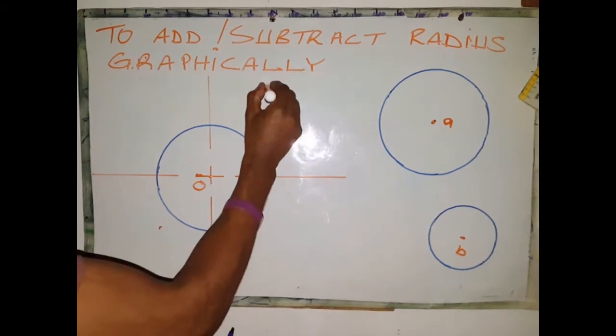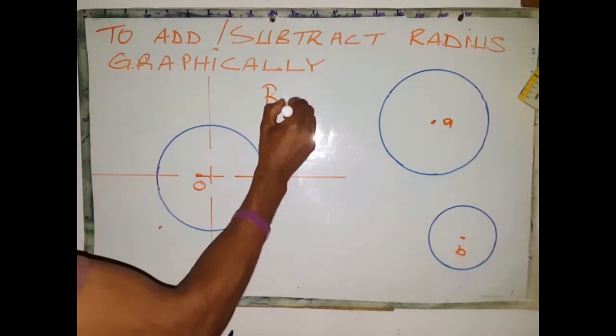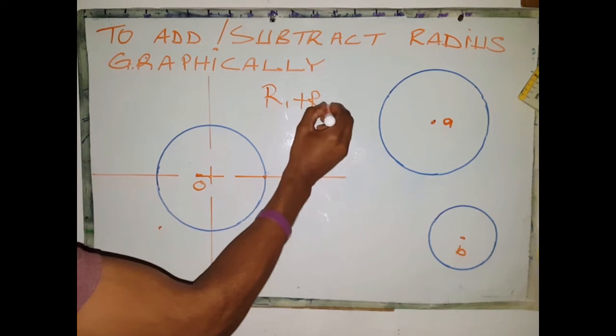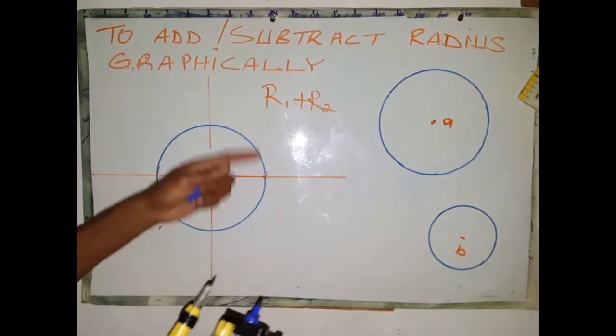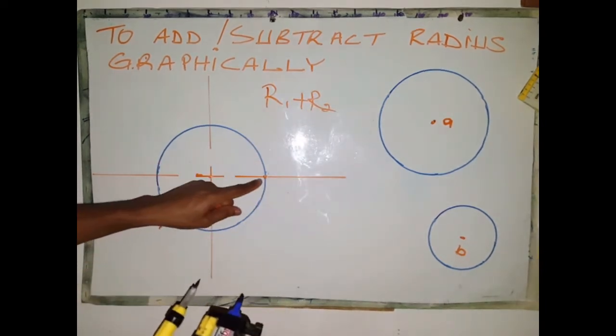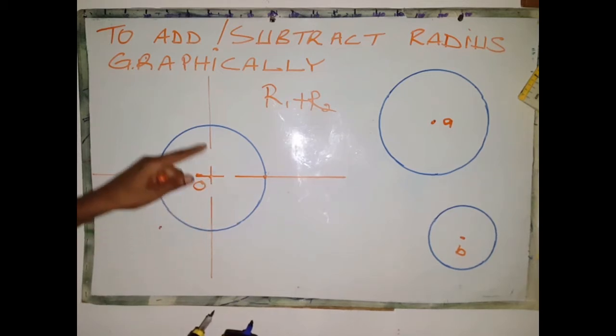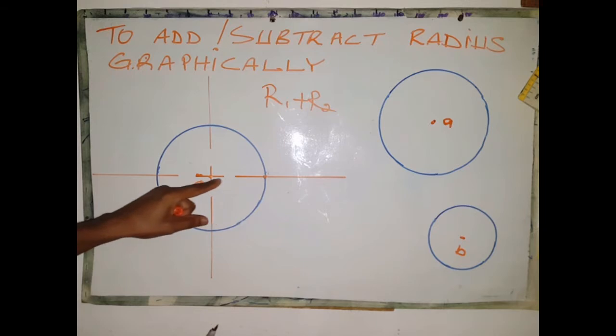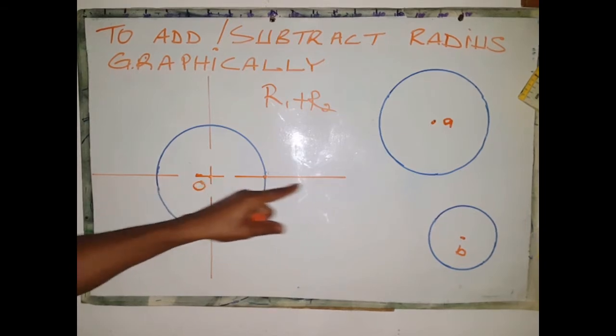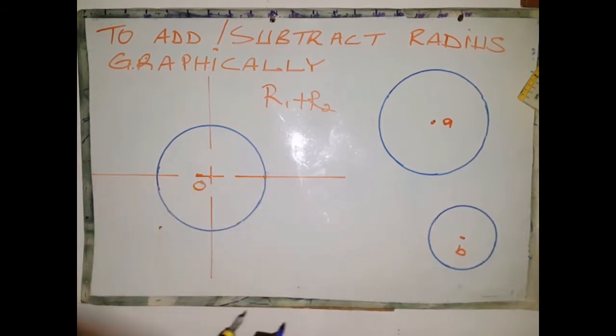If I decide I want to add radius 1 plus radius 2, this point becomes my center point. We can use any of these points, where this radius line cuts the line here.